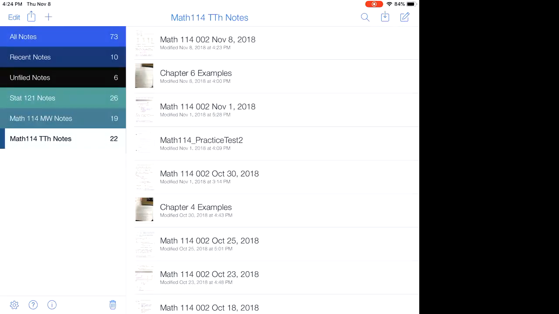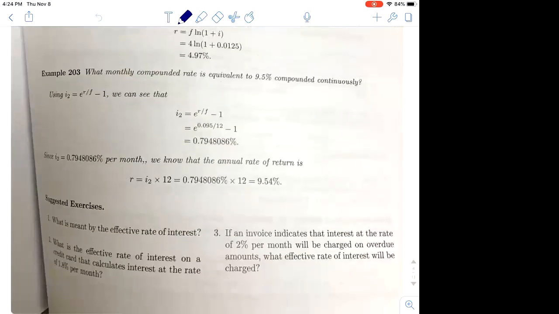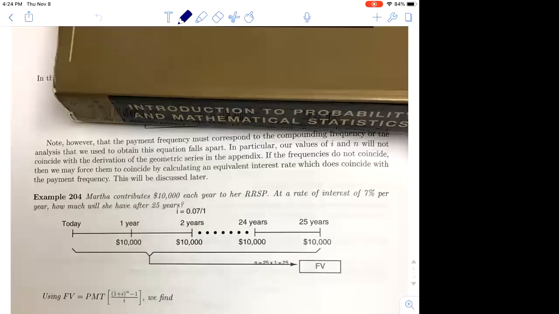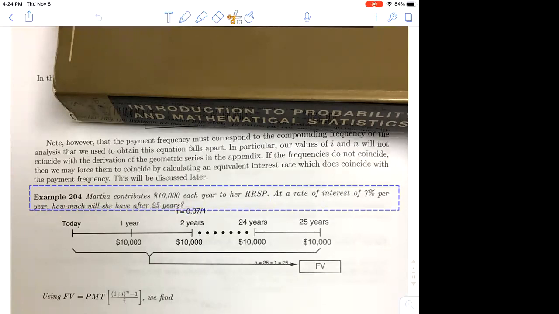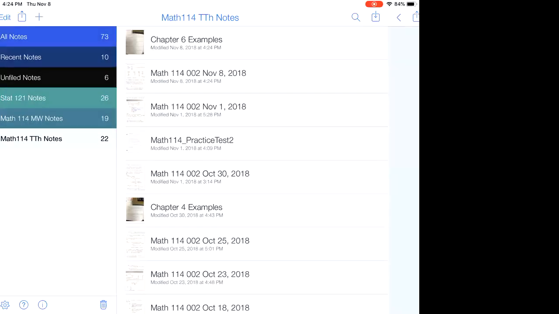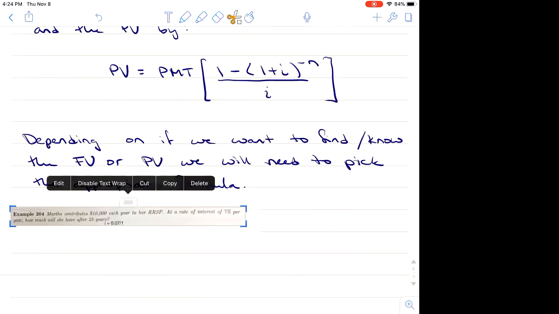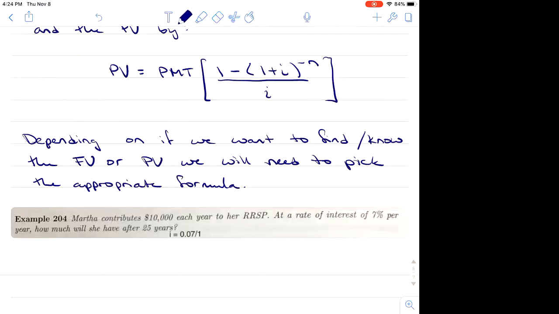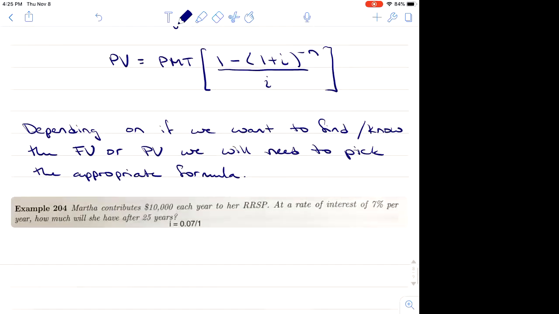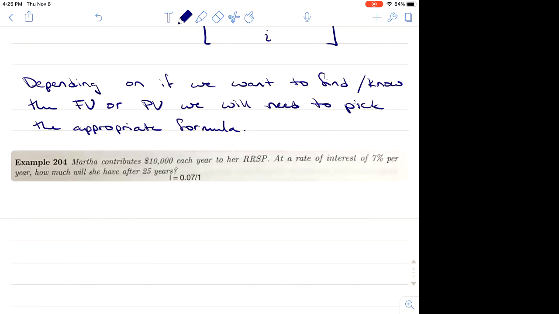Okay, let's do an example. Example 204. Don't worry, I'll show you how to do the timeline. Martha contributes $10,000 each year to her RSP.